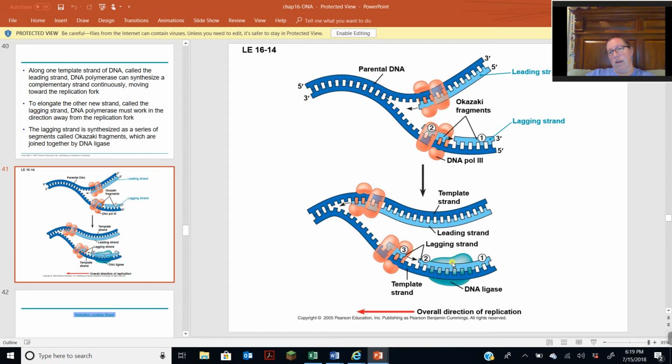And you can see where it's moving, that's why it's showing you this line. You're going to have an old one and a new one here. And for this new one, this is the overall direction of replication, but the nucleotides are always added to that 3' side.